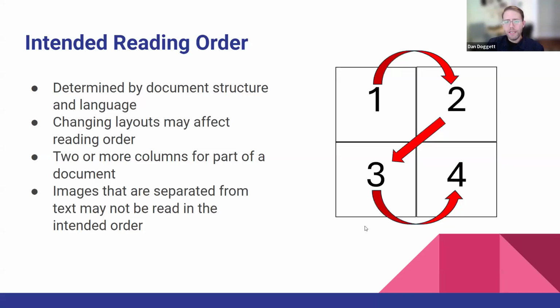If you create this using 2 columns, the screen reader is going to go from 1 to 3 to 2 to 4 because it's reading them on a column basis. So it's important that as you're putting together your layout, you're thinking about that structure as you go.